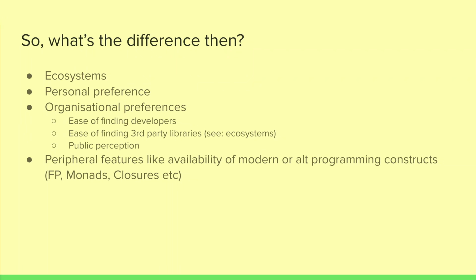And then there are other things like the peripheral features, for example, like availability of modern language features or alternative programming constructs, right? If you want to do something more functional with lambdas or pure functions, can you do that? If you want to use ideas like monads or closures, can you do that with your technology? So there's almost an expectation these days that if you go into a tech ecosystem, you can do OO and functional, and that there are closures, and that there are pure functions.